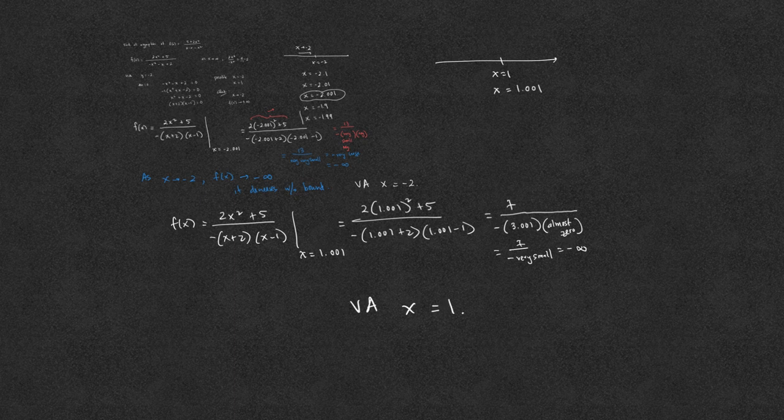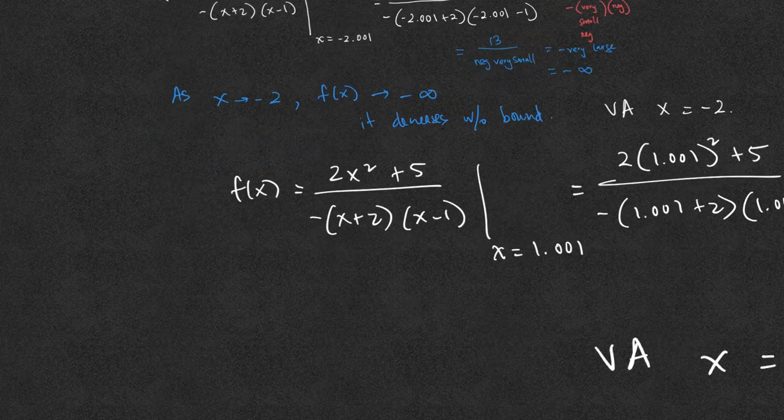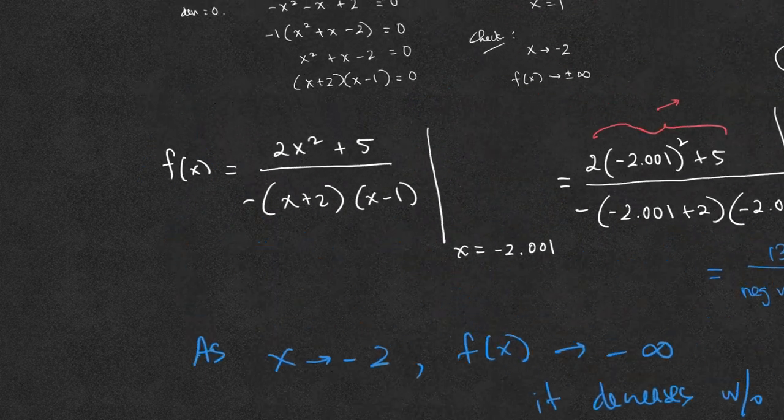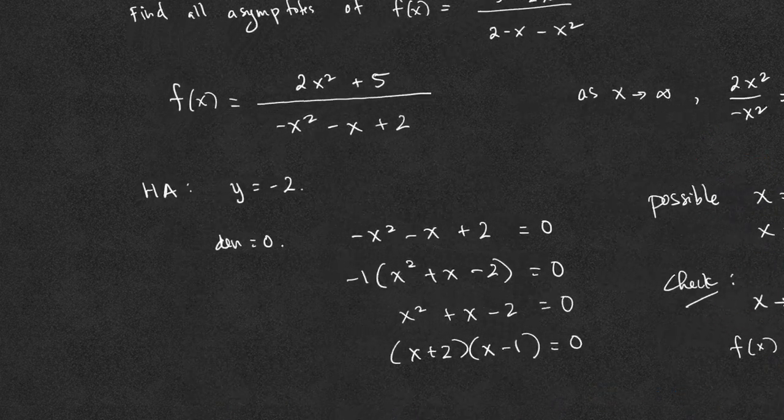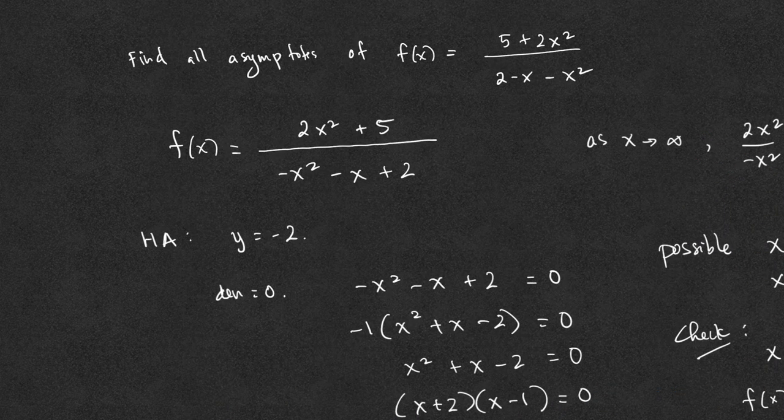At this point, you might say, why do we bother with checking to see if the vertical asymptotes are the zero of the denominator? Well, there are some functions where not all zeros in the denominators are vertical asymptotes. There is a trick here to identifying the vertical asymptote right away, and that is if we can also factor out the numerator and factor out the denominator.